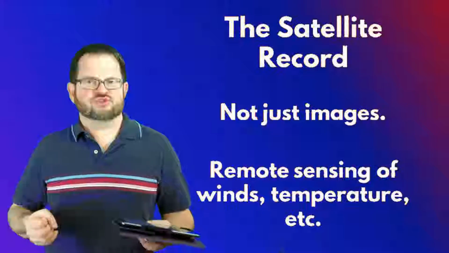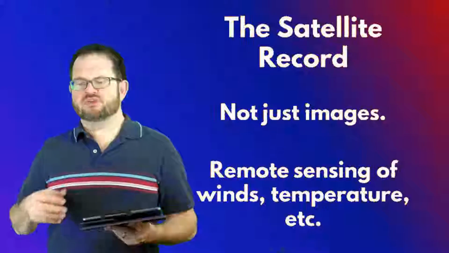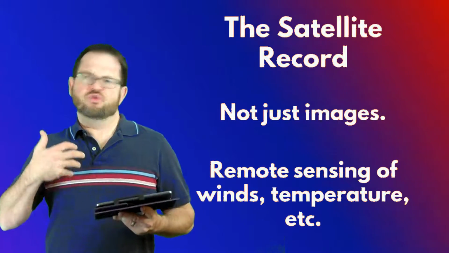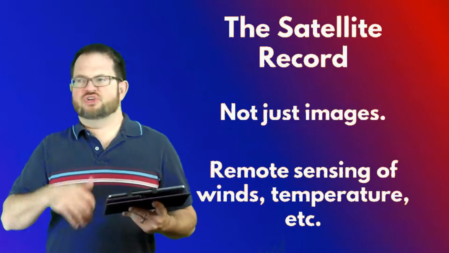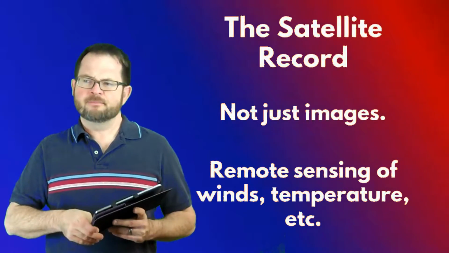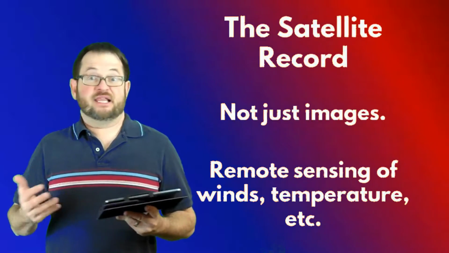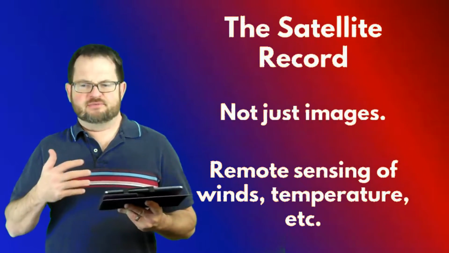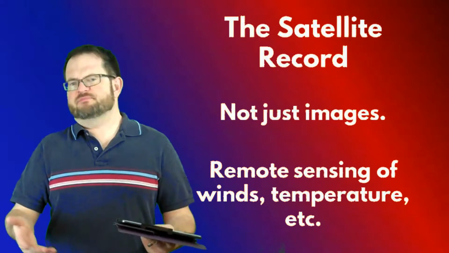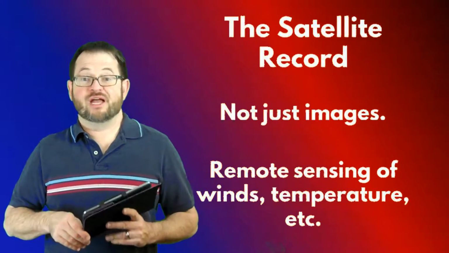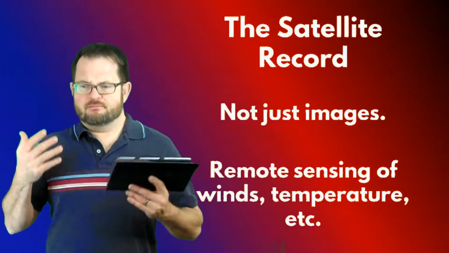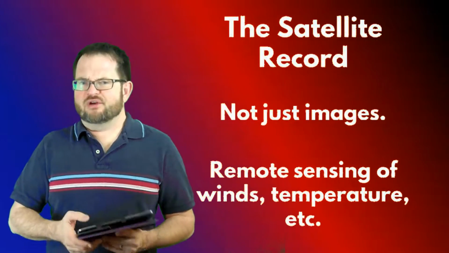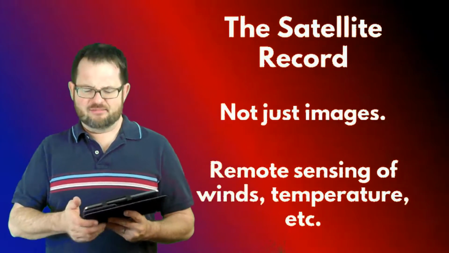It's not just images, there are all kinds of sensors on board that can be used to infer things like the winds and the temperatures and ozone concentrations. So while the satellite coverage is wonderful and it's a modern tool, it only goes back maybe 35 years that we actually have permanently stored satellite data. So that's not really a good tool when we're talking about paleoclimate.